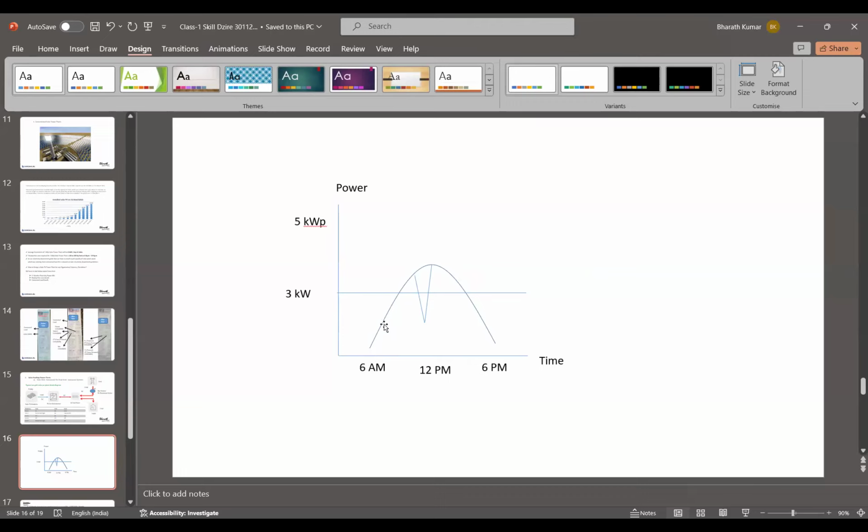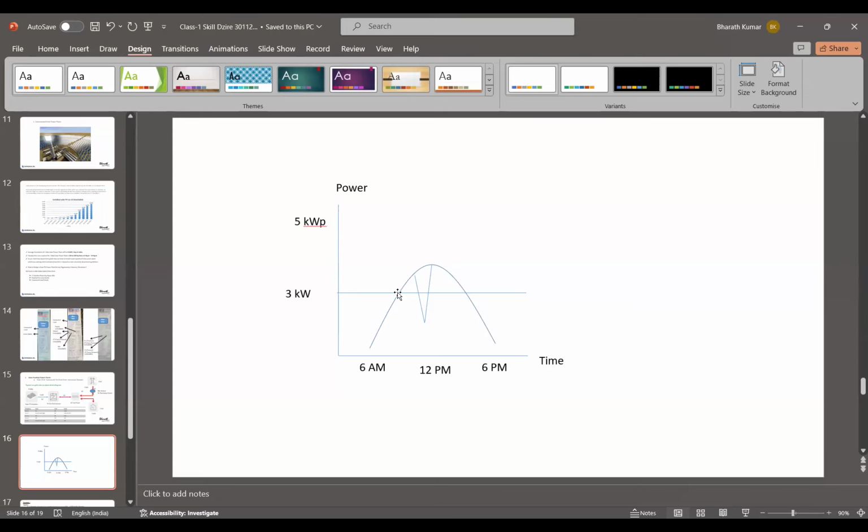Around 9 or 10 o'clock, during the afternoon it goes to peak, then again it comes down. Power generation is the same. With a 5 kilowatt setup, in the morning at 6 o'clock it starts from zero point 0.5 kilowatt; at 6 or 7 o'clock 300 watts, 400 watts, 500 watts, like that it will increase.